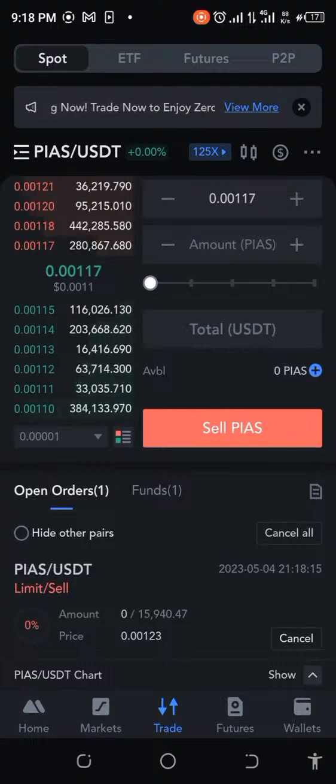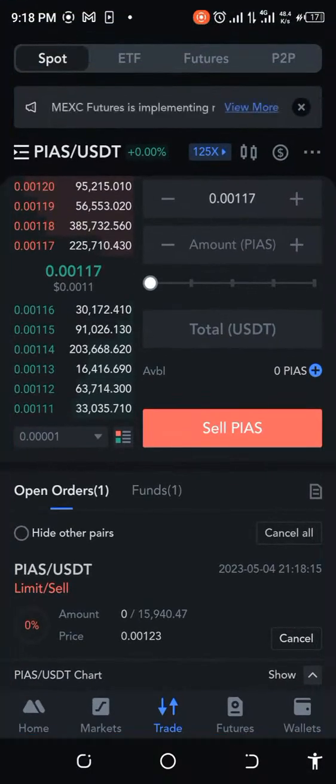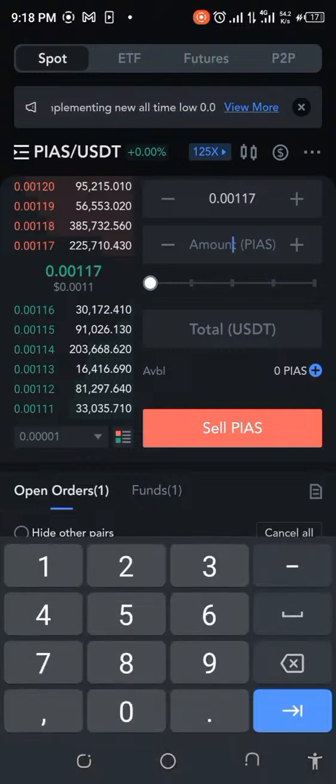Okay, you can see right now the price has changed to 0.00117. Okay, so anyways, here we are. Let's wait. So we have 15,940. Let's see what it actually will be if it is saying at this 15,940.